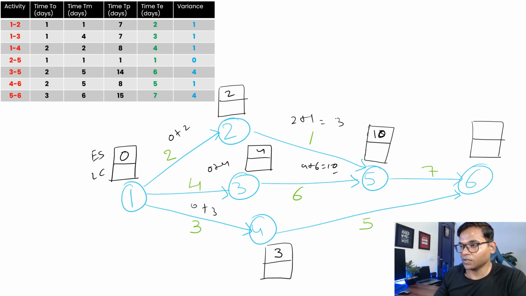Then here 5 plus 3 is 8, but 10 plus 7 is 17, right? It means for node 6, 17 is your early start. Then again we will do the backward calculation. So 17 is for node 6.